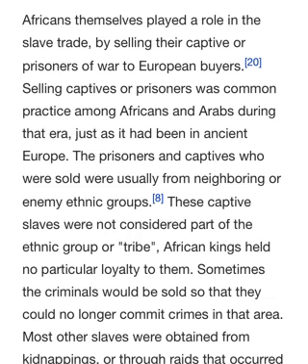Remember, the Canaanites were a bit rebellious. That's why their brothers, Cush, Mizraim, and Put, were forced to sometimes keep them in order, and when they would enlist, they would ship them out to do forced labor. It says these captive slaves were not considered part of the ethnic group or tribe. African kings held no particular loyalty to them.